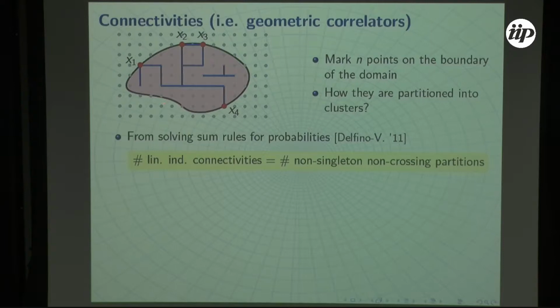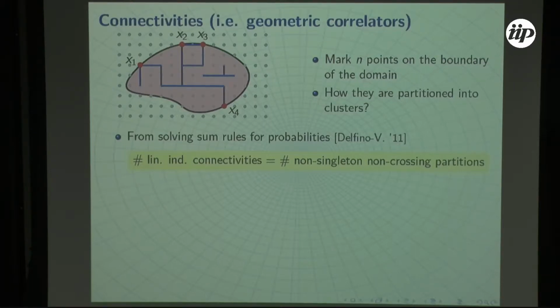So it turns out that the convenient basis for the connectivities, for instance, for 4-point connectivities, or actually n-point connectivities, is in correspondence with the non-crossing partitions, which means the following. The basis is chosen in such a way that you can never disconnect one point from all the others.